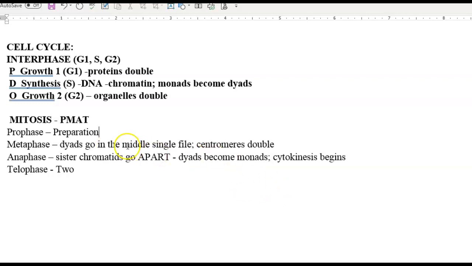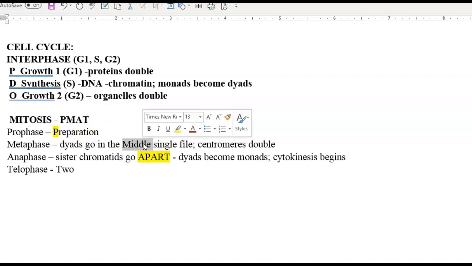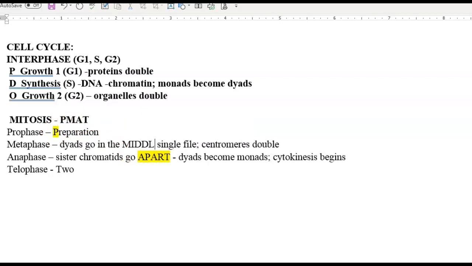Metaphase, look right here, middle. Dyads go to the middle. Anaphase, sister chromatids go apart. So preparation, there's our P, middle. Let's make that all capital. And they're going to go single file, telophase 2.